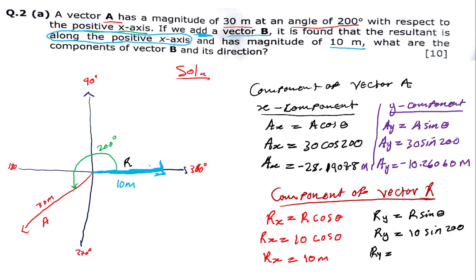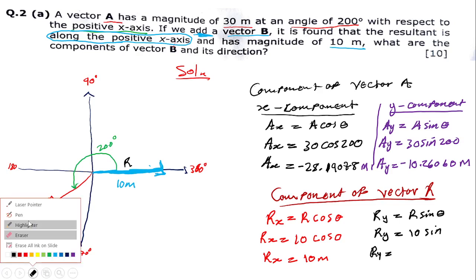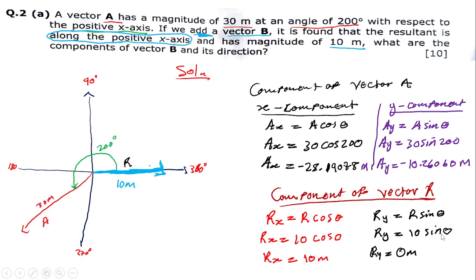Please take note of that. So sine 0, you know it is 0, so this will be 0 meters. Those are the components of both R and A.